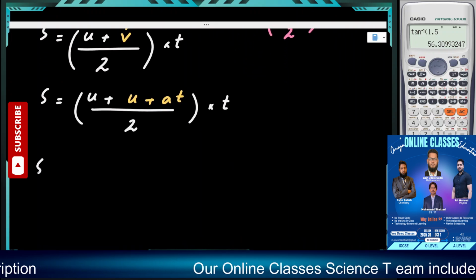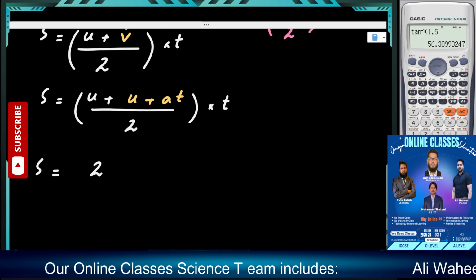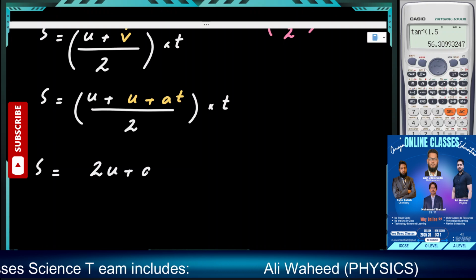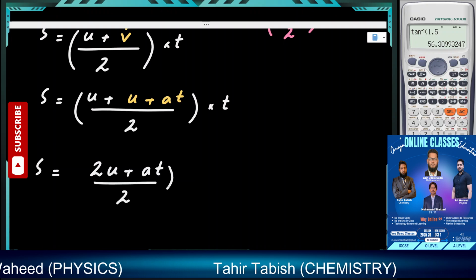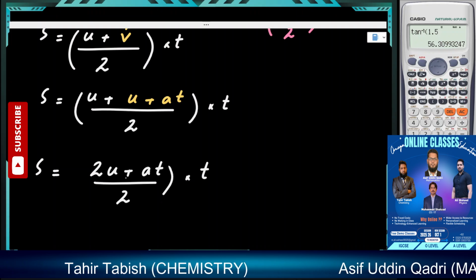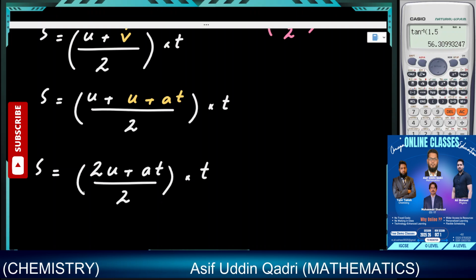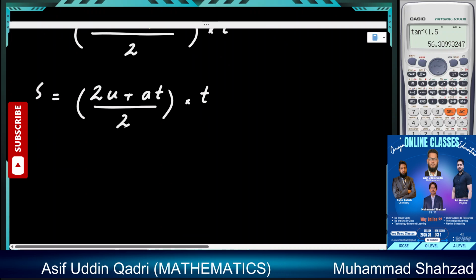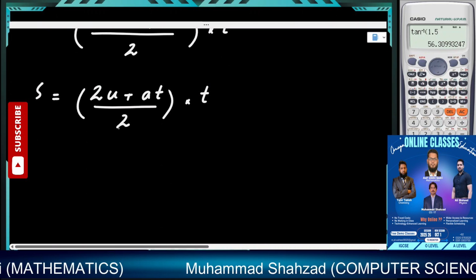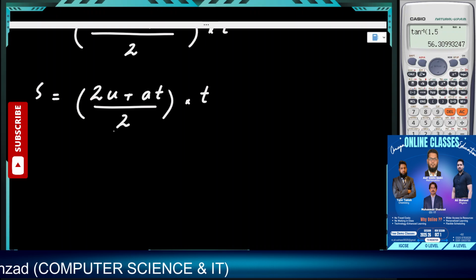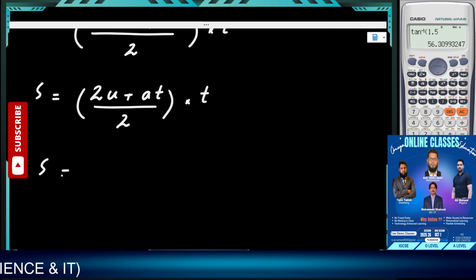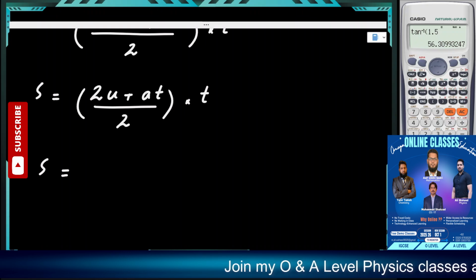Let's do some mathematics here. u plus u is 2u, at as it is, divided by 2 as it is, times t as it is. I can multiply t with everything inside the brackets.